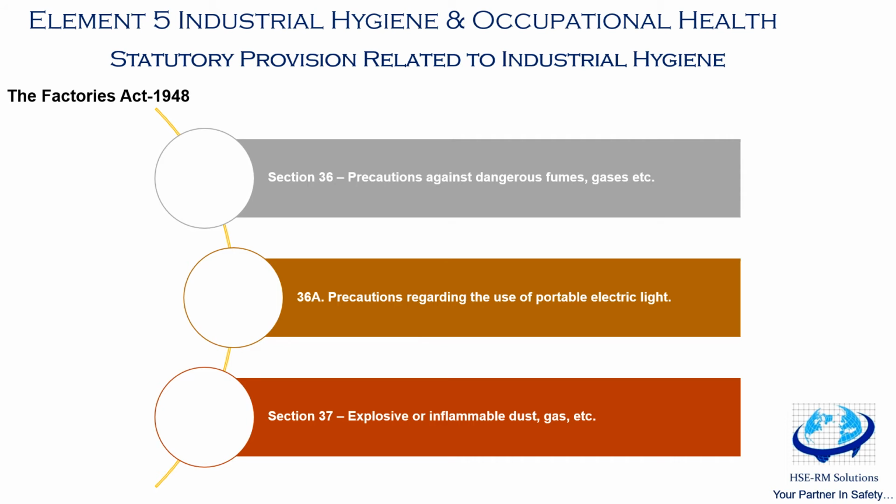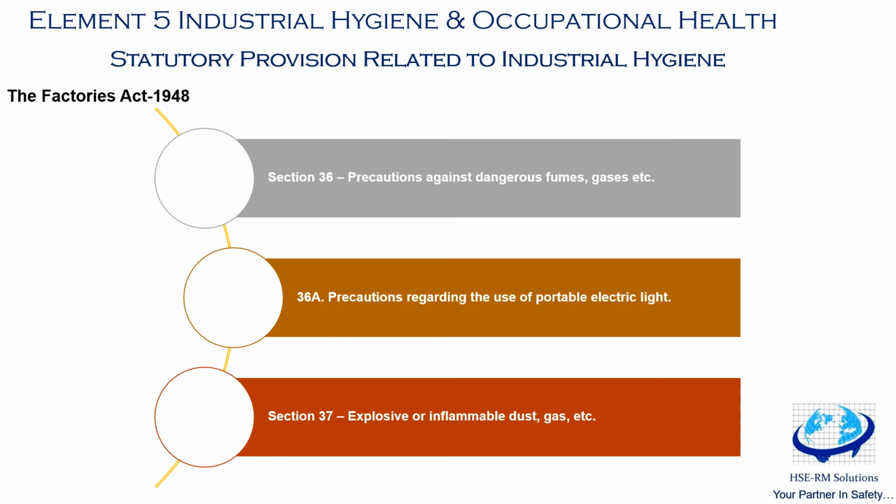First, no person shall be required or allowed to enter any chamber, tank, vat, pit, pipe, flue or other confined space in any factory in which any gas, fume, vapor or dust is likely to be present to such an extent as to involve risk to persons being overcome thereby, unless it is provided with a manhole of adequate size or other effective means of egress.